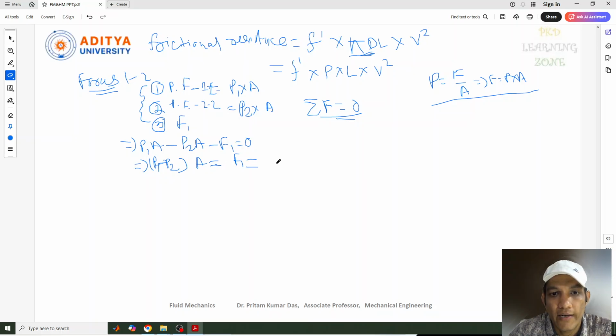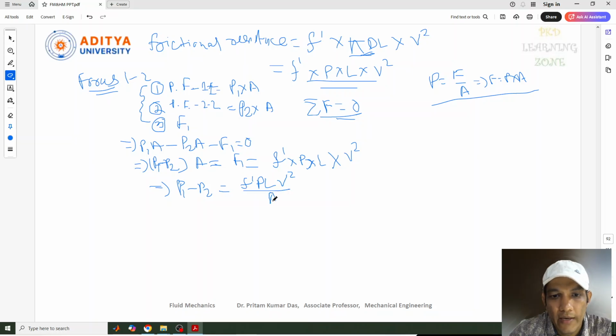So this also you can write as F dash into P into L into V square. Now P1 minus P2 is equal to F dash P L V square divided by A.